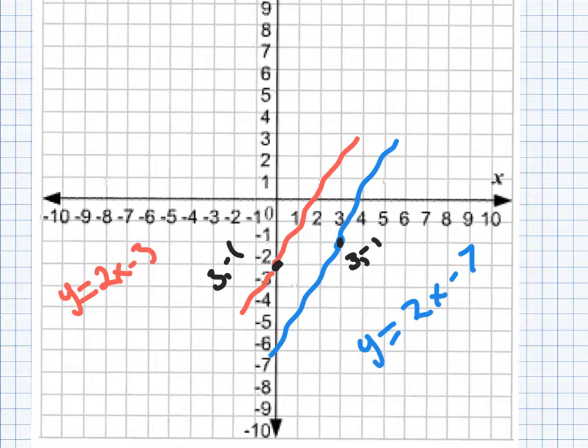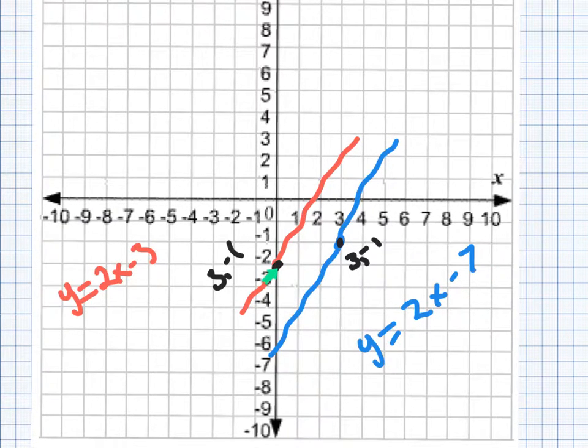On page 280 in your book, example 4, it shows these same lines, but obviously much clearer because the lines are straight and not wavy. The equation that we're working with is y equals 2x minus 3. I'm checking to see if what I did on the previous screen works out. And then my new line was y equals 2x minus 7.